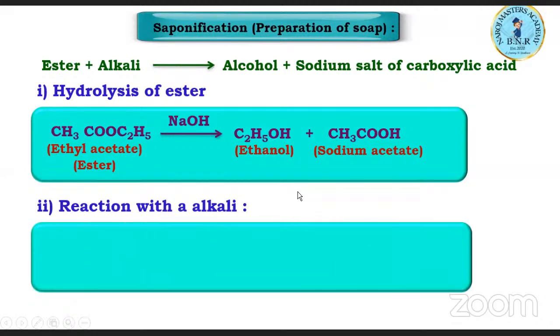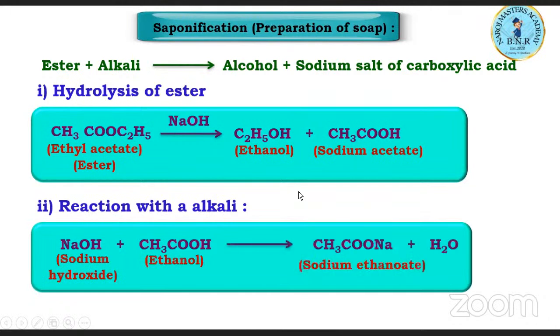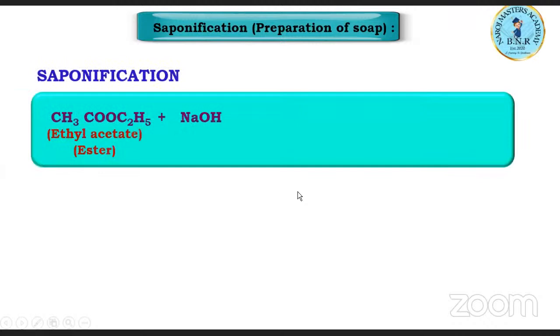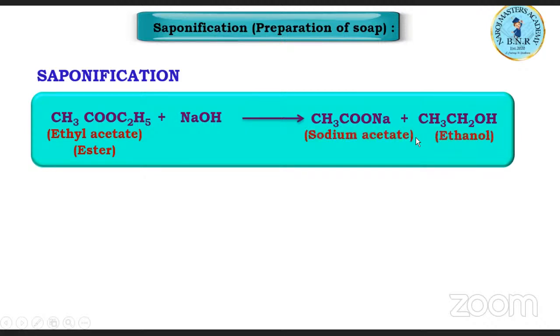Reaction with alkali: saponification reaction. Ester plus NaOH gives CH3COONa plus CH3CH2OH, alcohol. Sodium acetate plus ethanol, that is alcohol. Very easy.